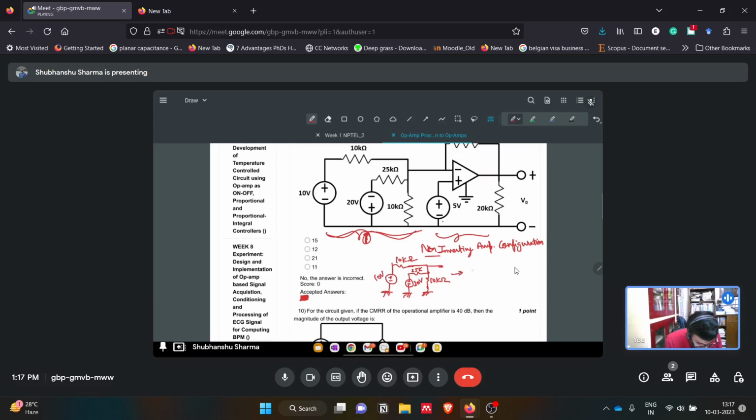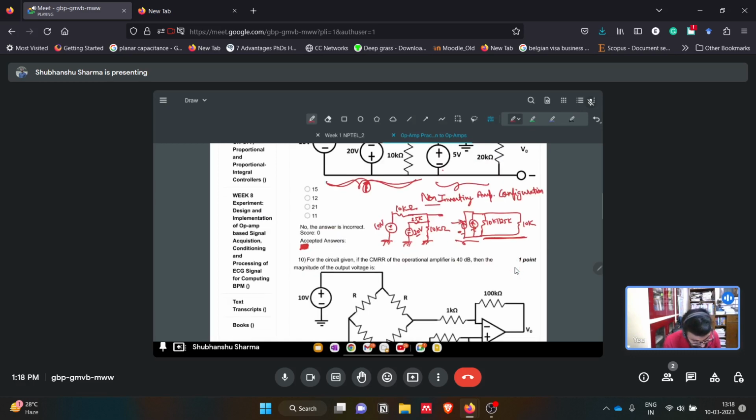If we make it a current source, the resistance will be the parallel combination of 10k parallel to 25k. We will have two current sources like this. The value you can easily get, that is 10 by 10k, 20 by 25k for each current source, and you have to keep in mind the polarity also. Then we have one more resistance, that is 10k. Finally we can add these two current sources, and these resistances are in parallel. So finally our circuit will look like this.